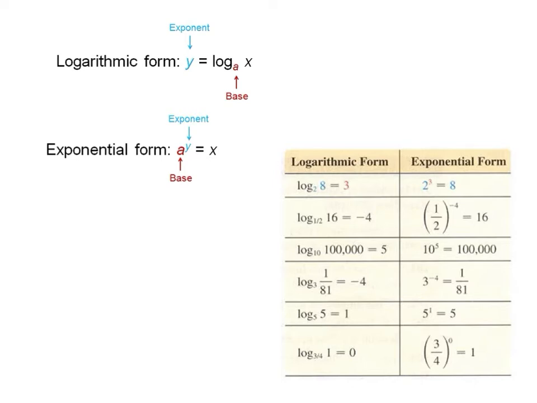So if I have log base 2 of 8, well, 8 becomes my answer, and then it's equal to 3. 3 becomes the exponent. So really I think of 8 and 3 as sort of switching places. The 3 now goes with the logarithm where 8 now goes by itself. If you have logarithm base 1/2, you can take the power of 1/2.